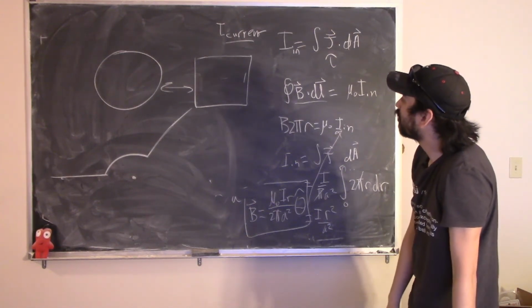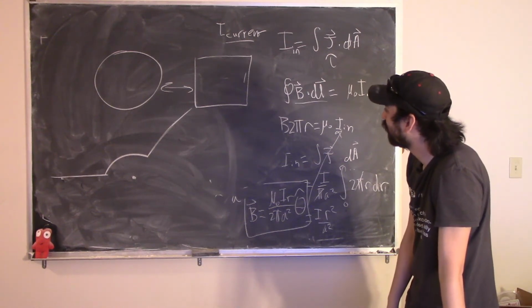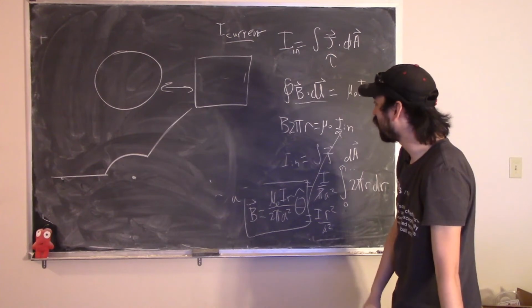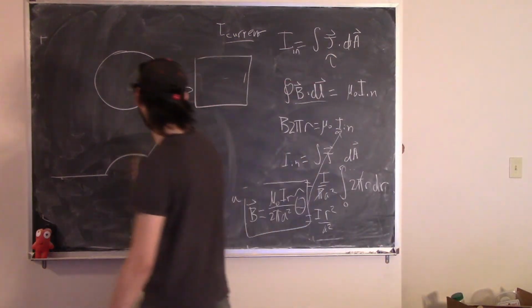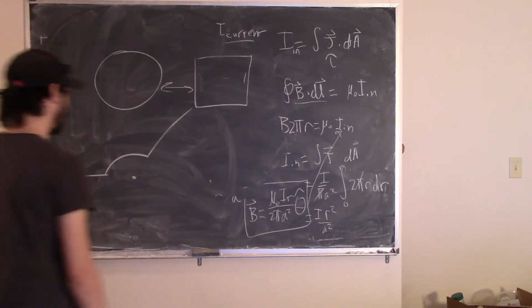I'm going to try to be clever to come up with something interesting for you to solve. But offhand, it's actually kind of limited what I can do with arcs of circles and straight lines for Ampere's law.